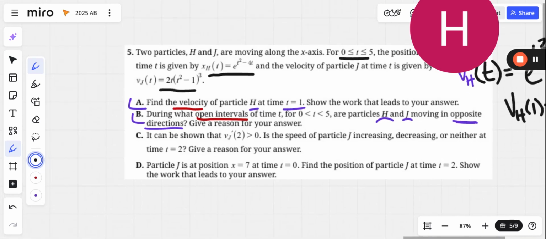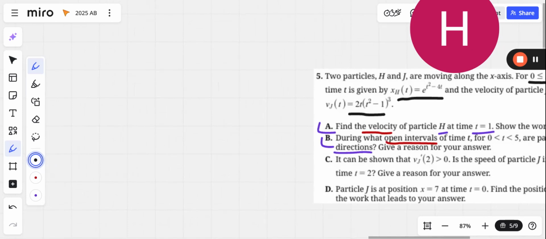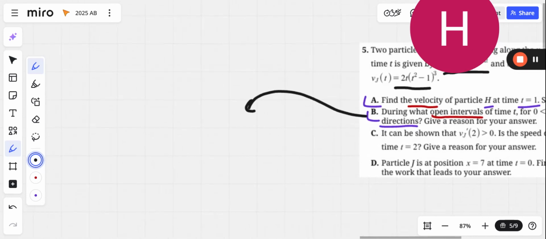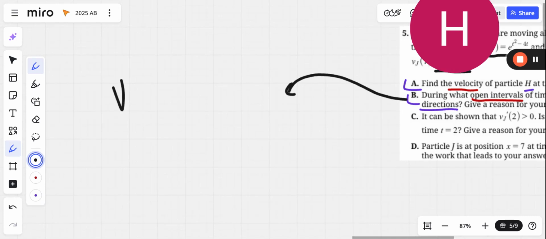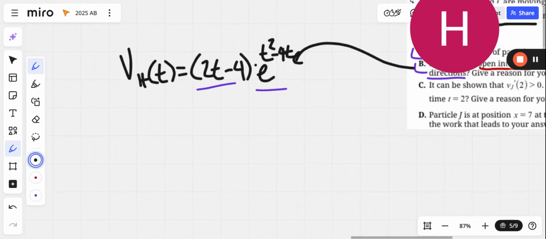So the best way to analyze this kind of stuff is with a chart. We want to analyze their velocities. Let's remind ourselves that VH, if I rewrite it a little bit, is 2t minus 4 times e to the t squared minus 4t. So I have a factored form for my velocity of h.